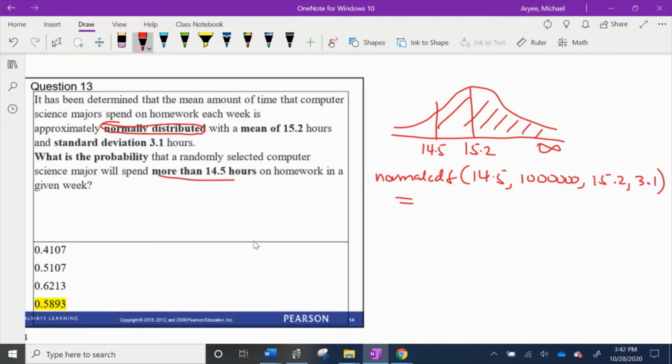I don't know what it is going to give you, but our answer will be this. Any confirmation? Wait, so you just plug that into your calculator, like you drew your bell curve and then you use the mean and the standard deviation?